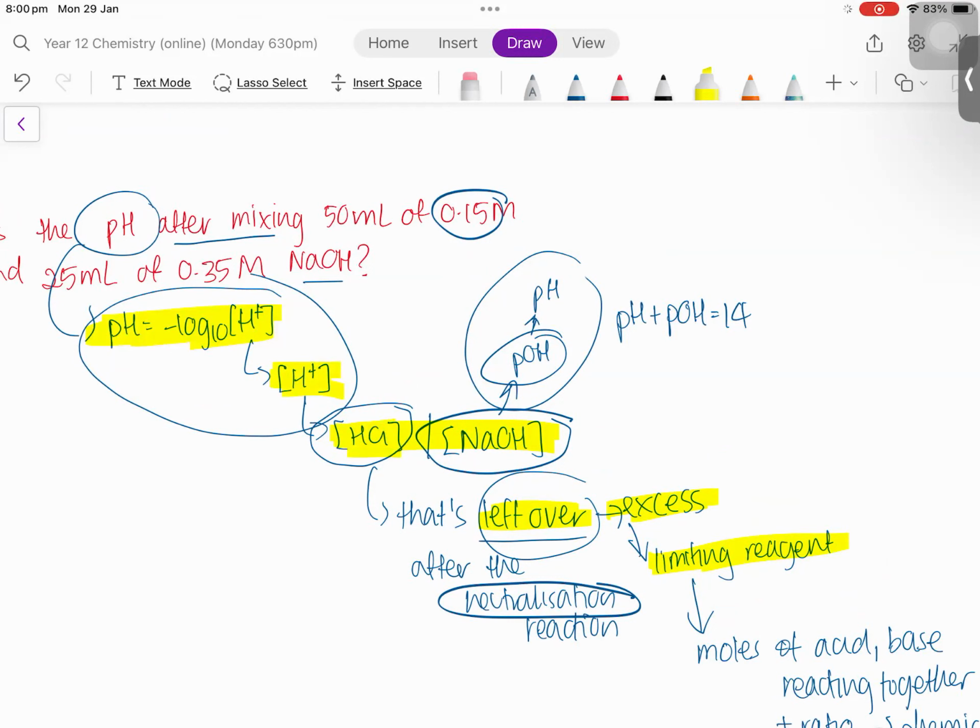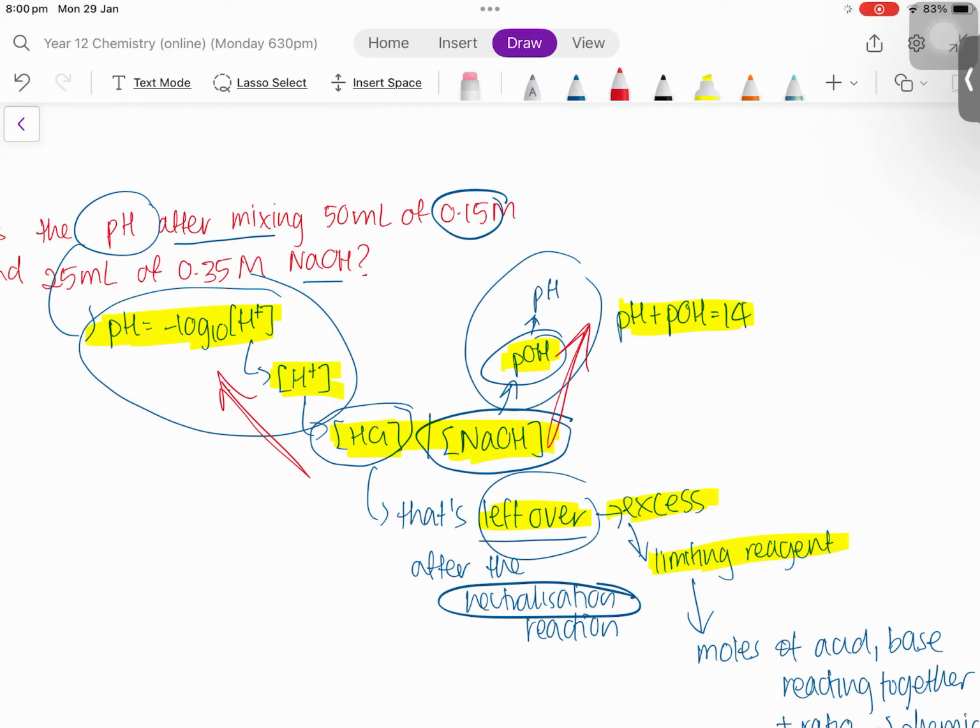The other way of calculating pH is pH plus pOH is equal to 14, which means I need pOH, and pOH comes from the base concentration. So I take this route if there's acid, and I take this route if there's base.